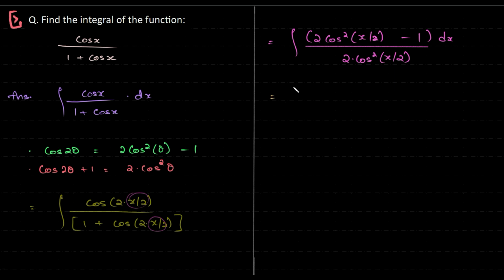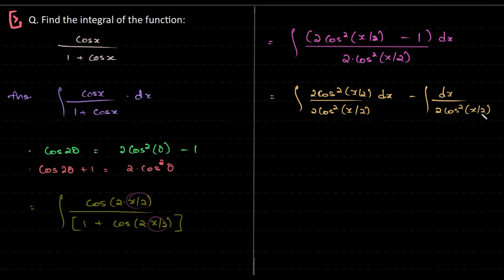A bit of rearranging and we almost have the answer. So we have this to be 2 cos square x by 2 by 2 cos square x by 2 dx minus integration of dx by 2 cos square x by 2.